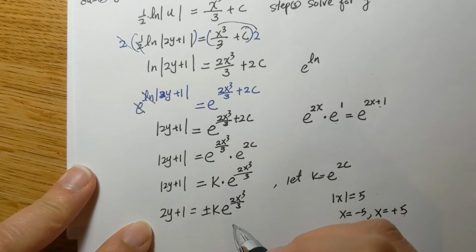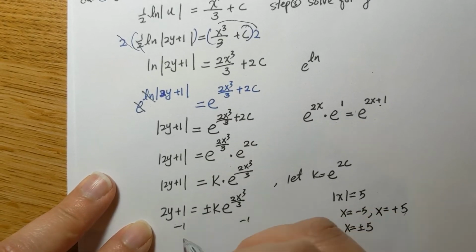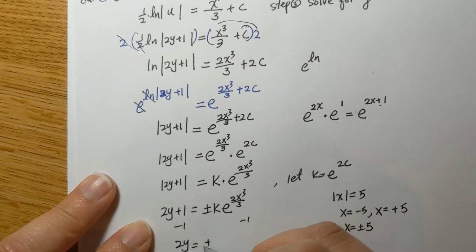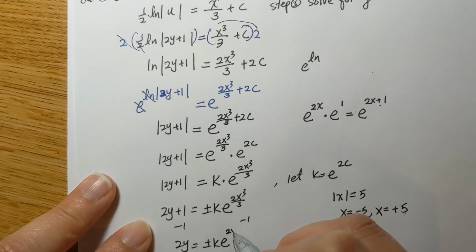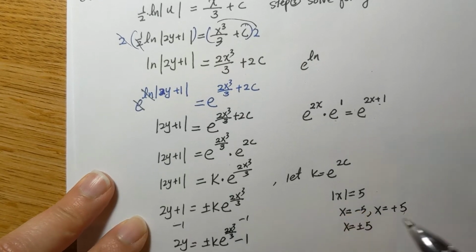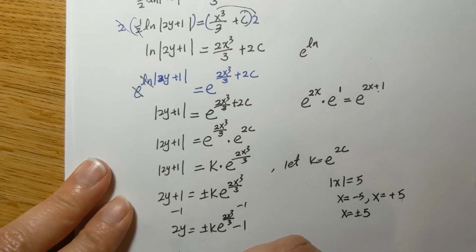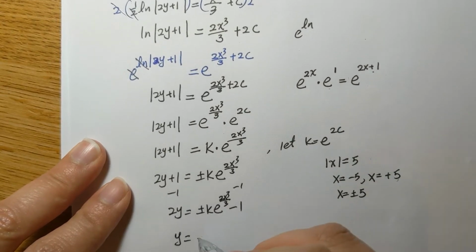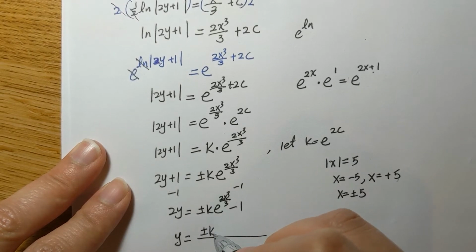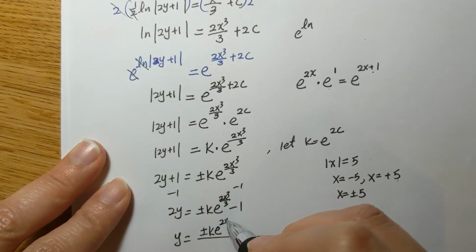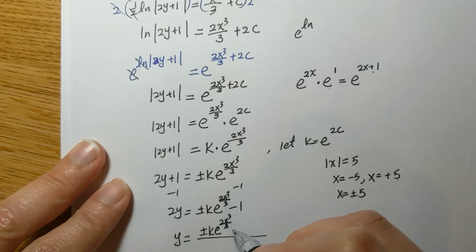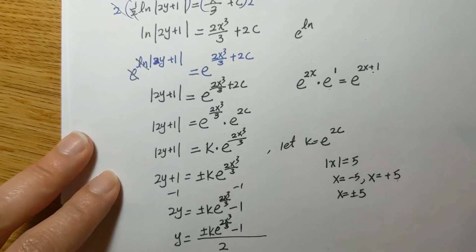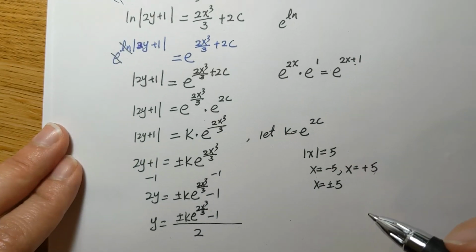Now we minus 1 on both sides, so we get 2y equal to plus or minus k e to the 2x cubed over 3 minus 1. Very last step, divide by 2. So we have y equal to plus or minus k e to the 2x cubed over 3 minus 1, over 2. Okay, we got the general solution.